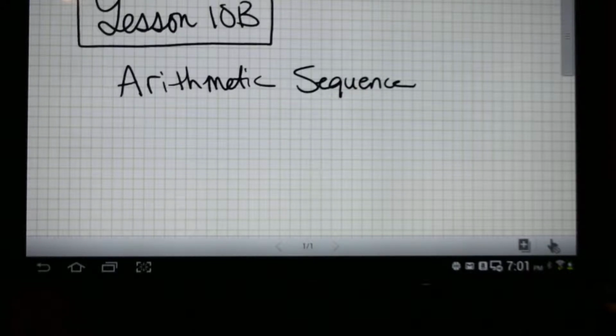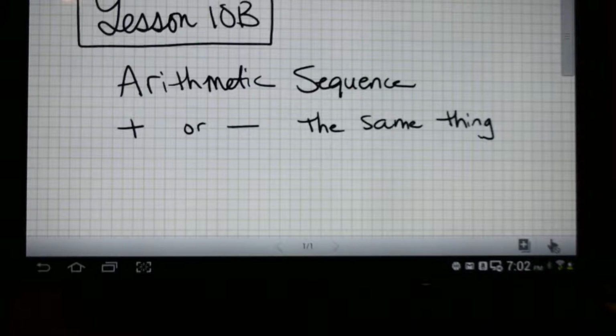An arithmetic sequence is when you're adding or subtracting the same thing over and over. Repeatedly.